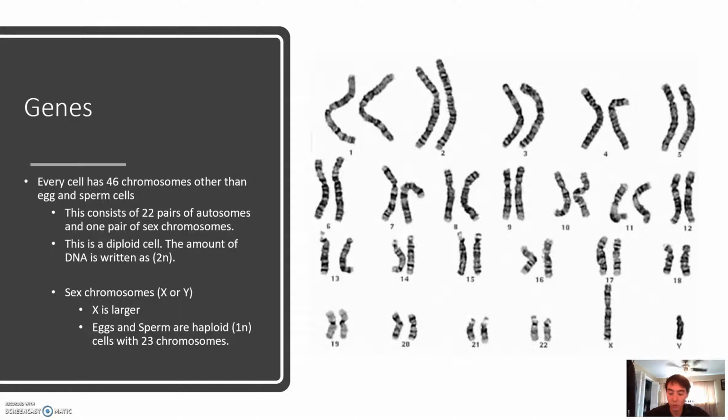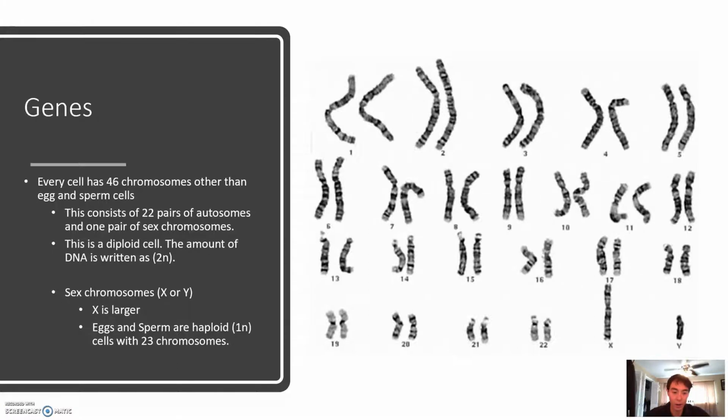So the sex chromosomes are either an X or a Y chromosome. These will direct the development of both the internal and external genitalia. The X chromosome is the larger of the two, which contains many of the genes that are missing from the Y chromosome. Eggs and sperm have 23 chromosomes.